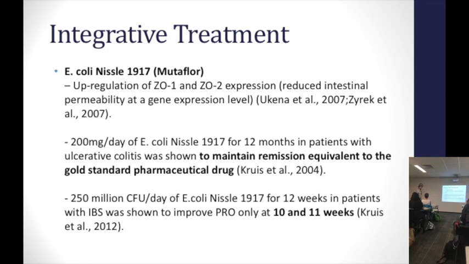My favorite probiotic, E. coli Nissle 1917. First discovered in 1917 in World War I in German soldiers' intestines. It's very interesting. They theorized that it got into the Germans' intestines through a pig. Germans like their sausages.